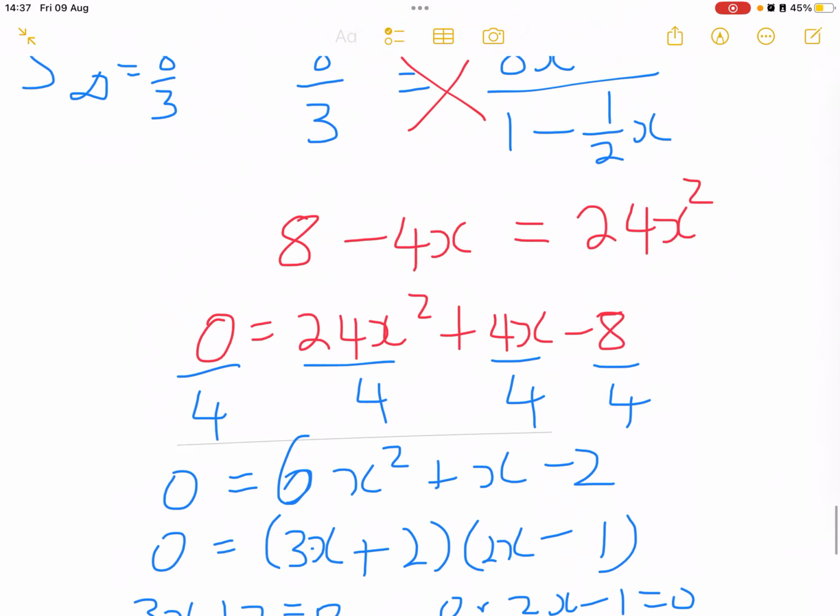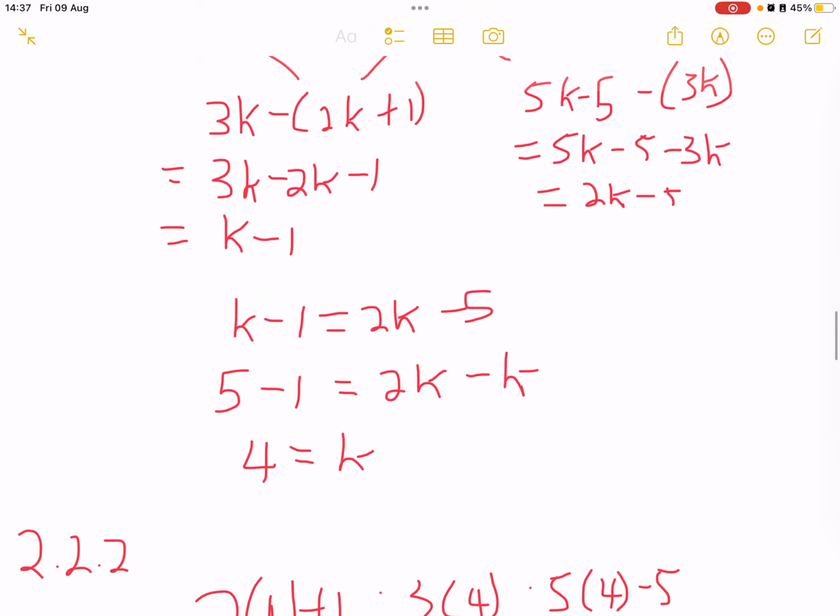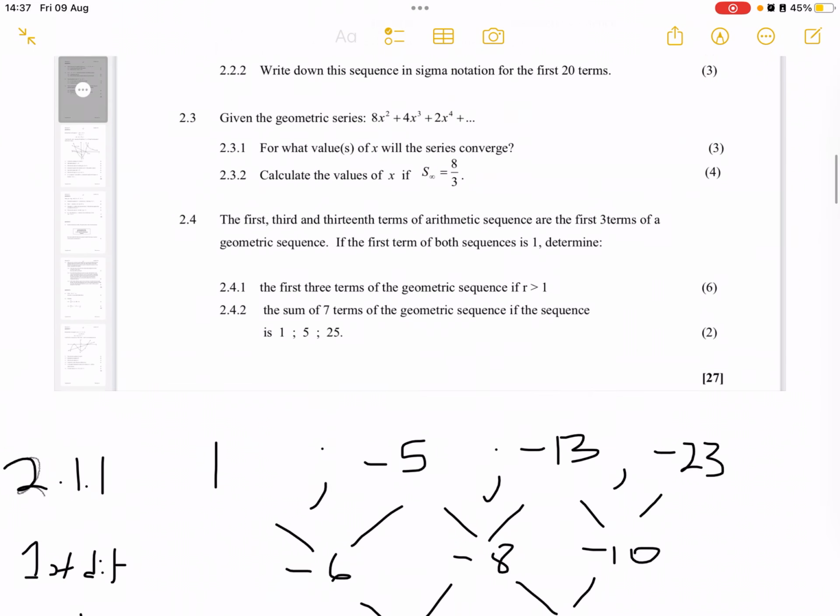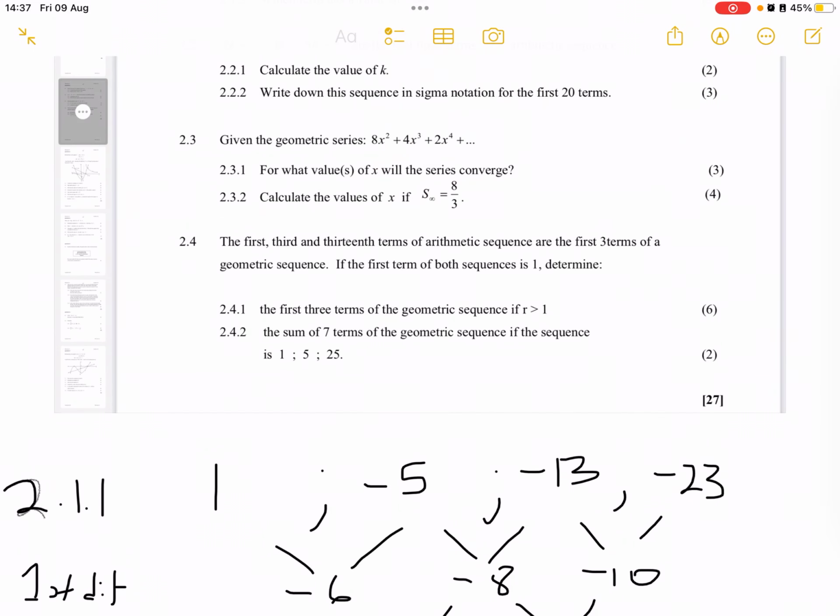The last question is a little bit tricky. It says the first, third, and 13th terms of an arithmetic sequence are the first three terms of a geometric sequence.